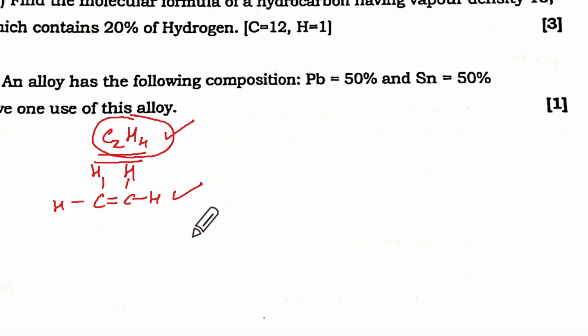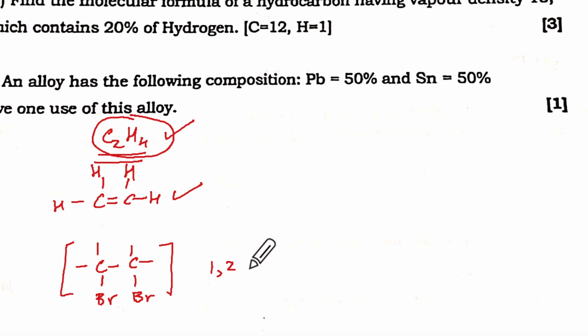Then they can ask you what is the product formed when it reacts with bromine in carbon tetrachloride. So what will be the structure? The double bond valency will open up and I will get like this. This you have to see in your mind's eye. What is the name of this? 1,2 dibromoethane.